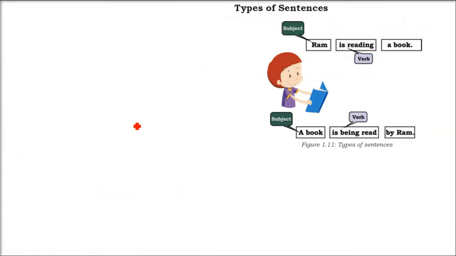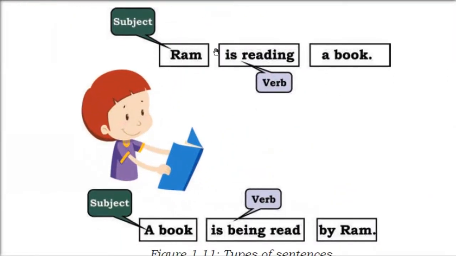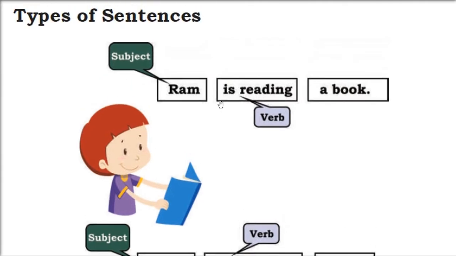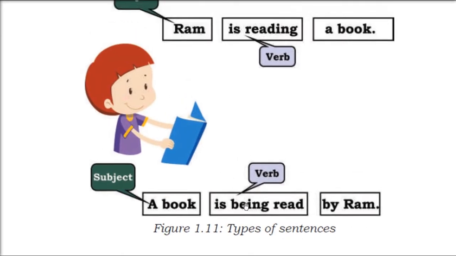What are the types of sentences? To be very precise, it has to be active and passive. So, Ram is reading a book. So Ram is directly doing the work on the object. Ram is the subject, is reading is the verb, and a book is the object. But when we change it, the subject is now a book.